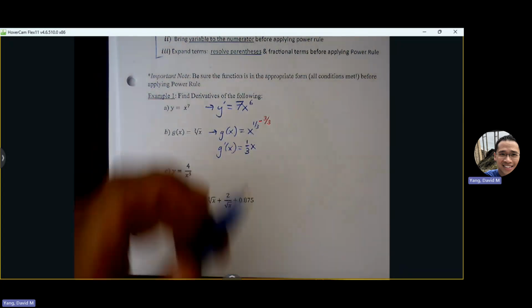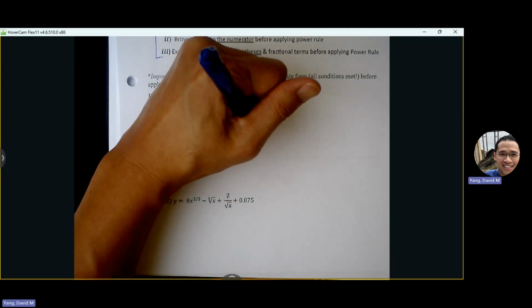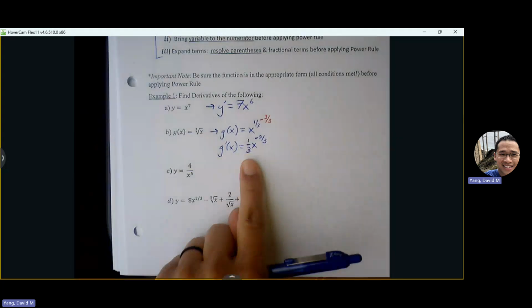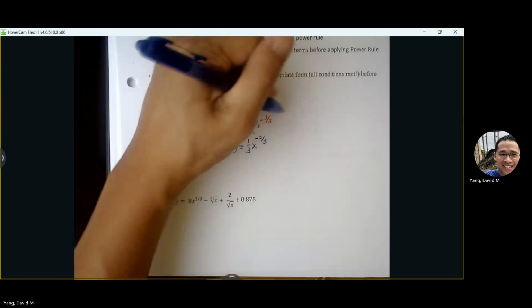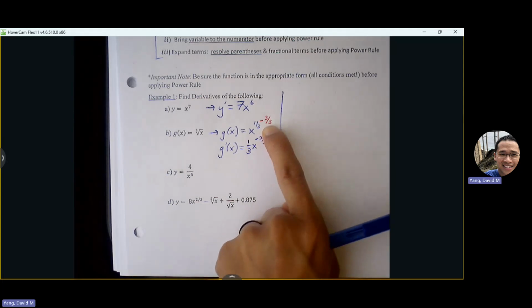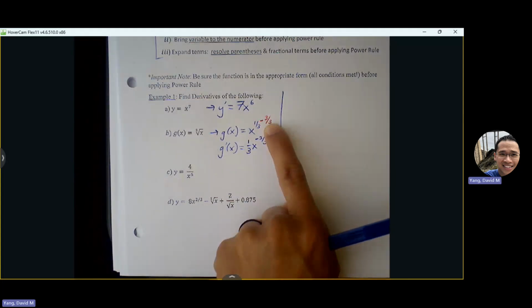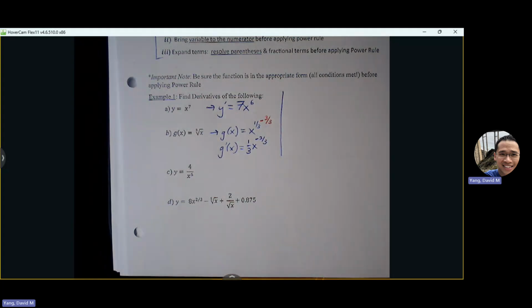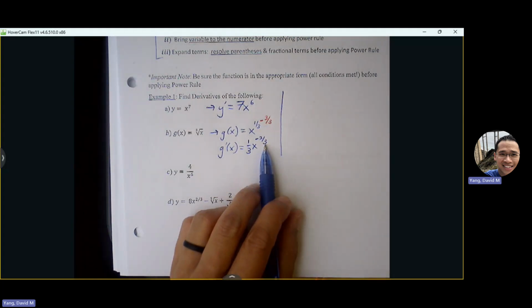And we can clearly see I just subtract the numerators here, 1 minus 3 is -2, so -2/3. So this is my derivative. You know, on the quiz or test, you don't have to write that -3/3 or -1. I'm just showing it right now for visual purposes. That's how I was able to get to this new exponent.